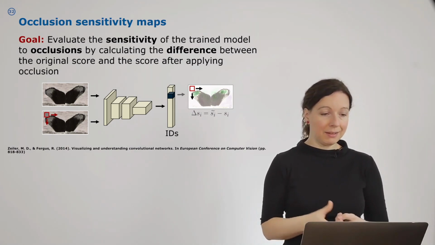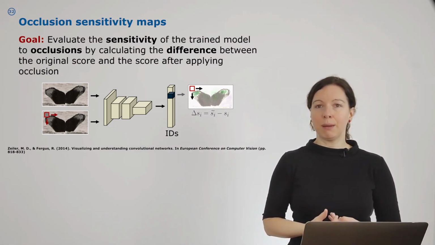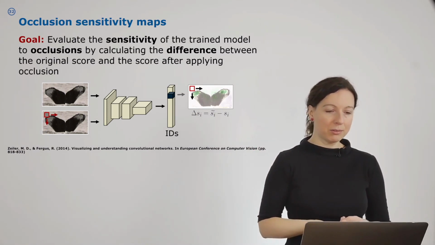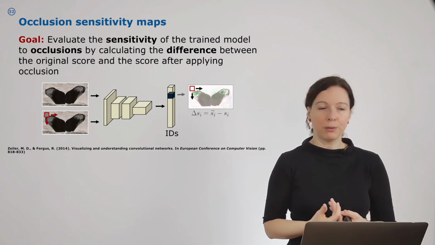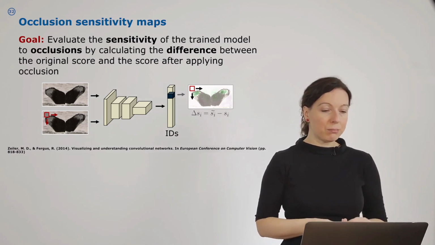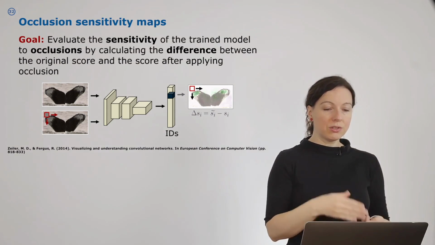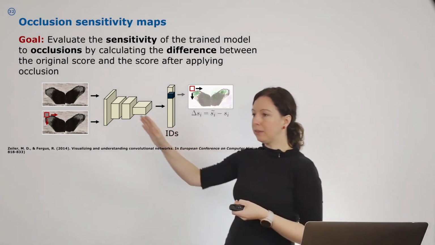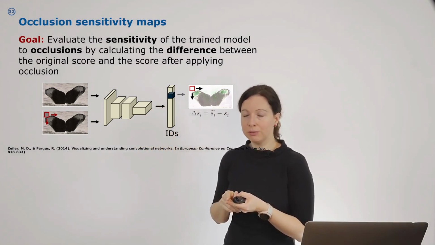Based on these research questions, I want to show you some interpretation heat mapping methods. The first one is occlusion sensitivity maps. They have a quite easy to understand and basic principle behind them, but they're quite powerful and generally already give you really good results. The goal is to evaluate the sensitivity of the trained model to occlusions by calculating the difference between the original score and the score after applying occlusions. So you have a trained network, which can be treated as a black box.